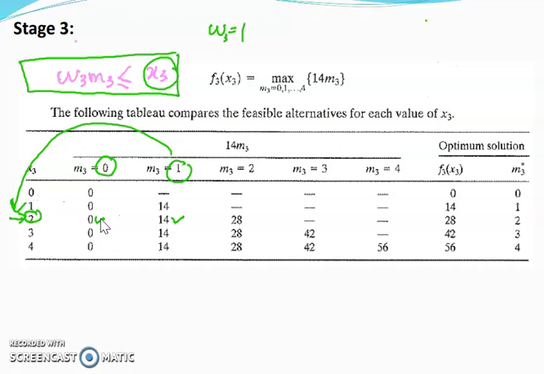The value here is 14 M3, so 14 times 1 is 14.